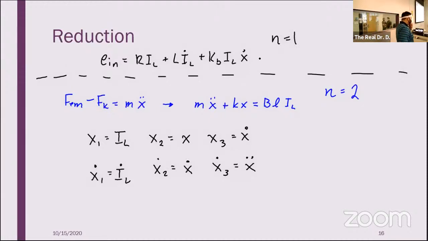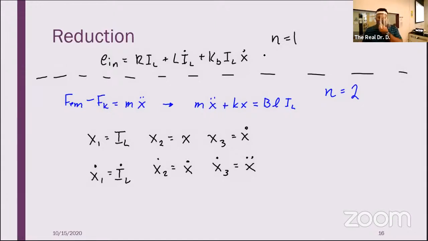And the inductor stores energy based off of the current, 1/2 L I L squared. So that's where we get these. That's another way that we can come up with these. Or you can pick other things that don't have any physical meaning like they showed in the video, but we're going to stick to things that actually have physical meaning because they're a little bit more intuitive for us.